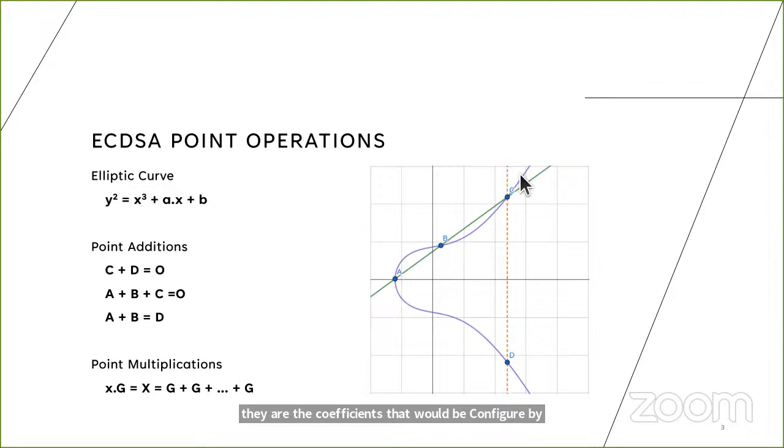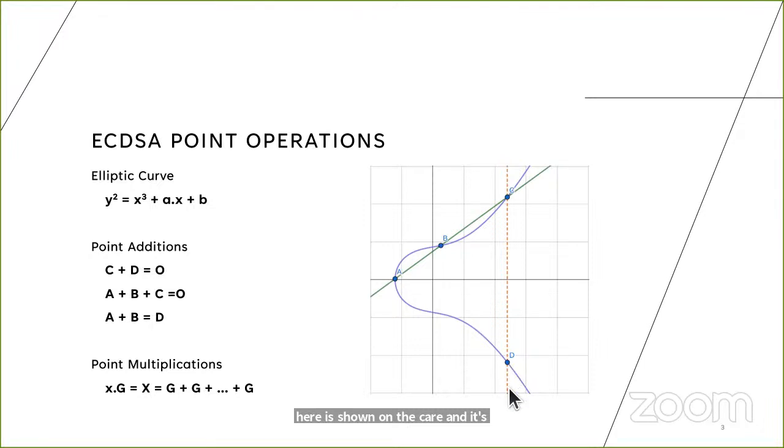Here, for example, you can see a very simple elliptic curve. You see some points on the curve. For example, C here is shown on the curve, and it's mirrored as D on the other side of the curve.